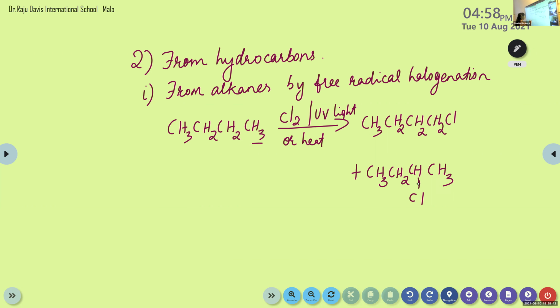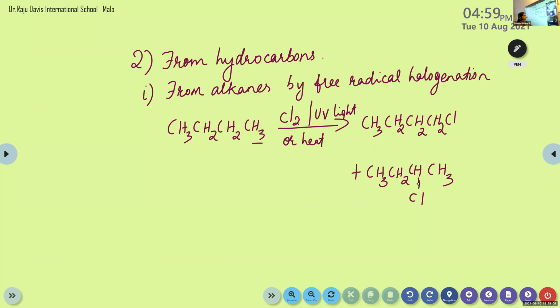Free radical chlorination or bromination gives a complex mixture of isomeric mono and polyhaloalkanes. Here you can see that different types of haloalkanes are formed, so it is very difficult to separate them as pure compounds. Look at this example itself: 2 products are formed, and it is very difficult to separate these 2 compounds.